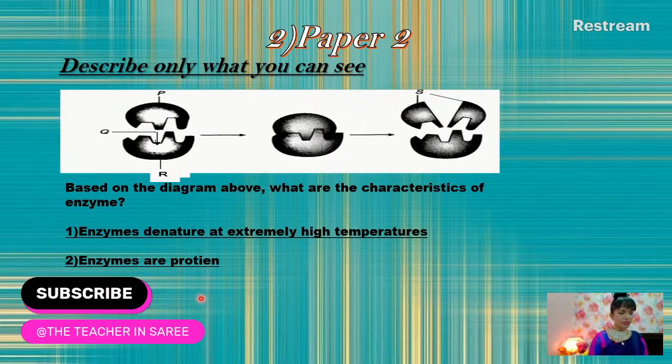Even though these are factually correct, can you see these two natures of the enzyme in the picture? No. When you can't see them in the picture, that is when the answer goes wrong, because the question clearly says based on the diagram. That means no matter what, you have to refer to the diagram and find the answer within that limit.